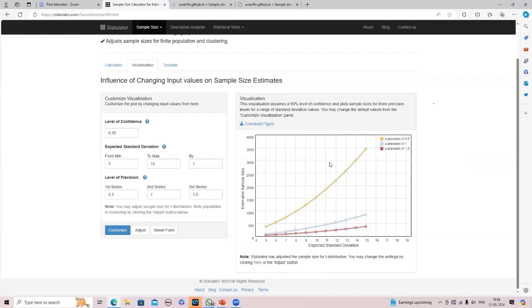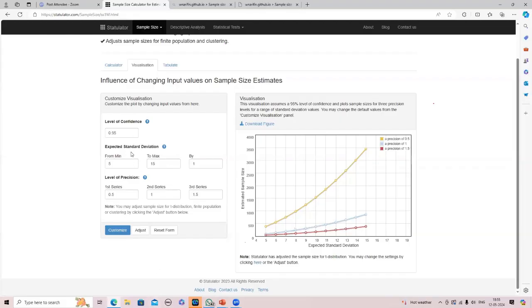It is a percentage of the mean that you are expecting. In estimation of the mean, two things are required: first, your expected mean, and second, the standard deviation. And the margin of error we calculate either in absolute or in relative form, that is, as a percentage of the mean or as plus or minus the mean. So in that case, precision is with respect to the mean, not with respect to the standard deviation.